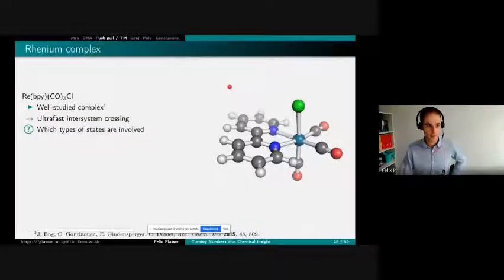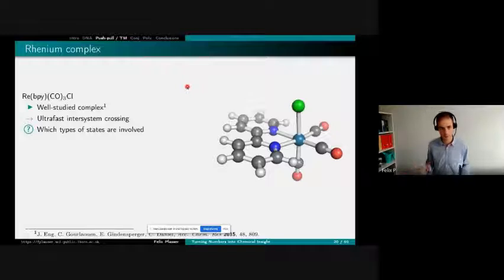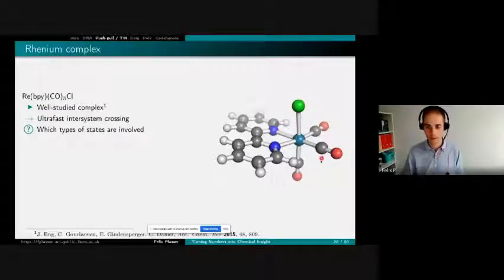All righty. So then, because I was asked to show some different examples, I also want to show you this complex. This is a rhenium complex with a bipyridyl ligand here, chlorine here, and CO groups here. This was introduced to us by the group of Chantal Daniel.